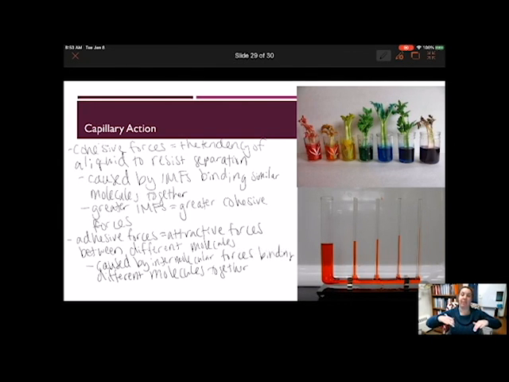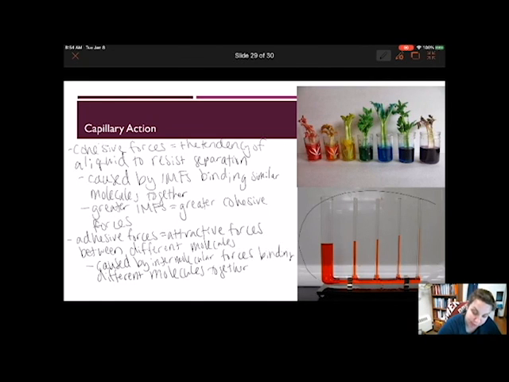A liquid will rise up a tube. Water will rise up glass because glass is a polar substance. Then it'll kind of overlap on itself again, and then rise up, and then overlap, and then rise up, and then overlap. And it'll cause that liquid to go up a tube.